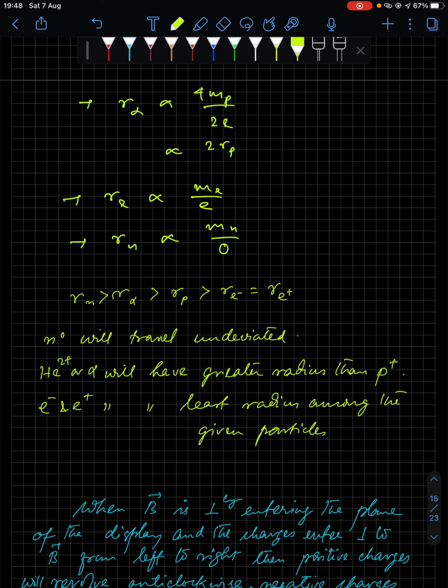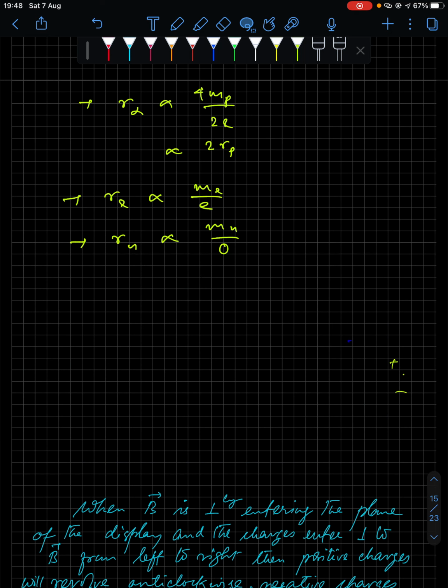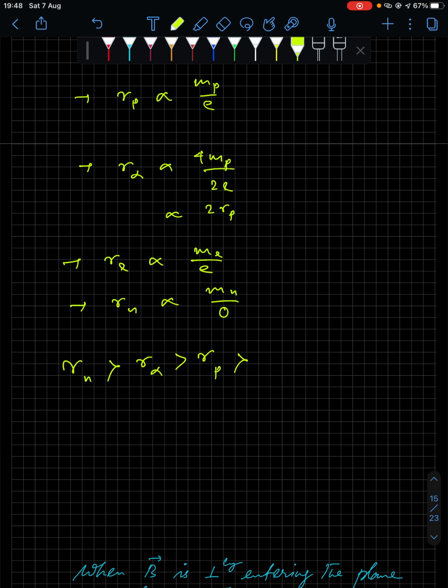So Rn is infinity. If you want to show the radius relation, infinity is highest, so Rn is greater than R alpha, then comes R proton.